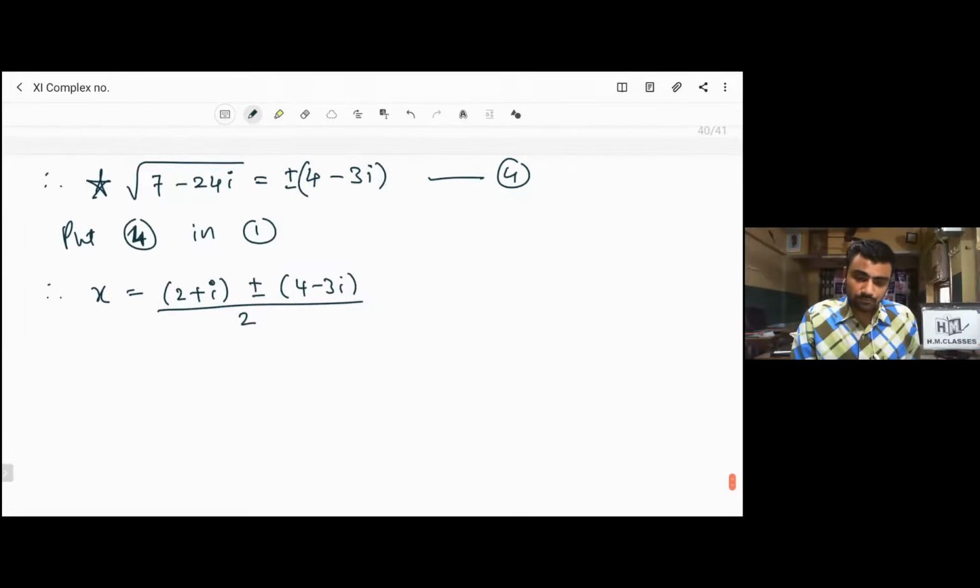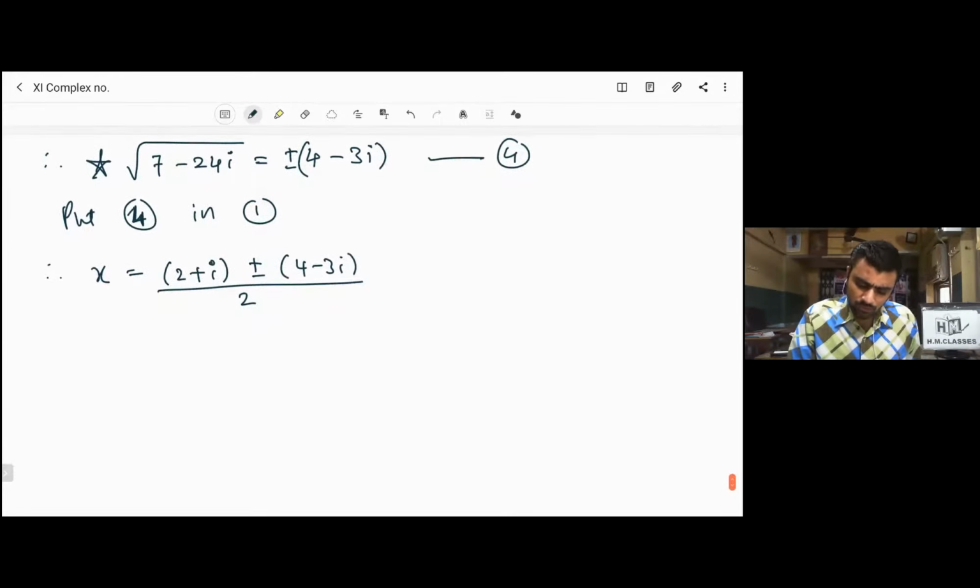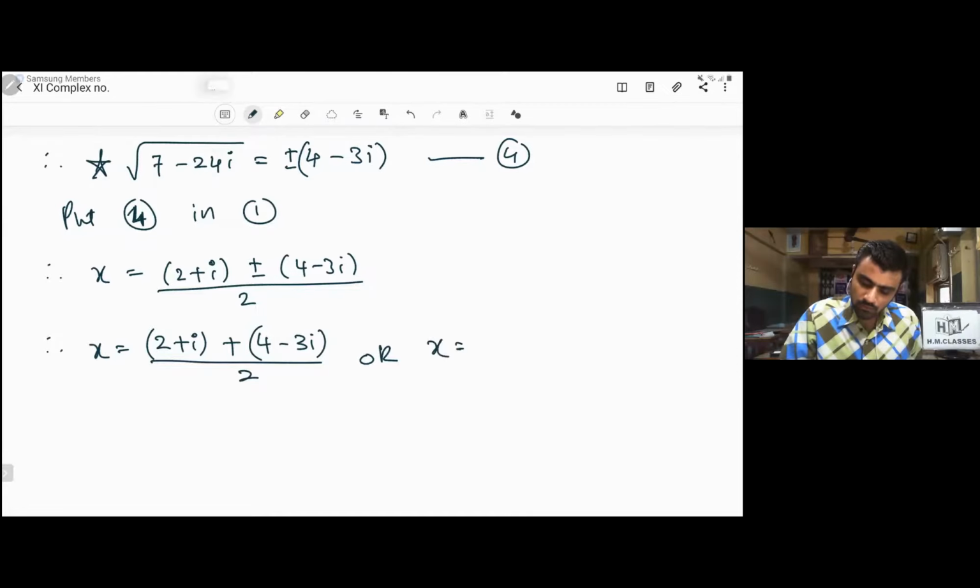So now you can separate it with both plus or minus. x is equal to 2 plus i plus 4 minus 3i upon 2. You will simplify this separately, and x is equal to 2 plus i minus 4 minus 3i whole upon 2.